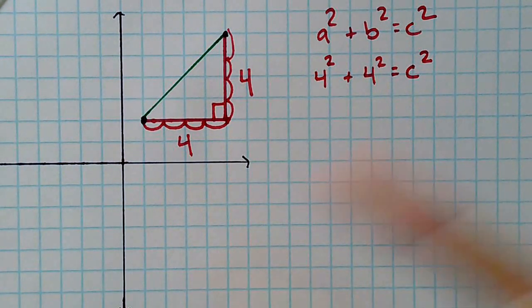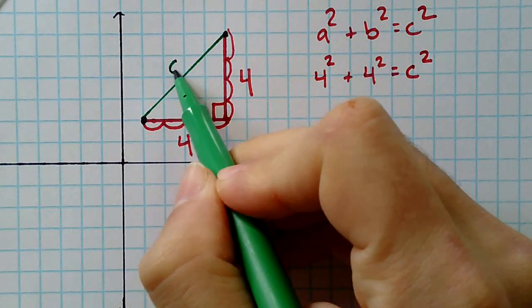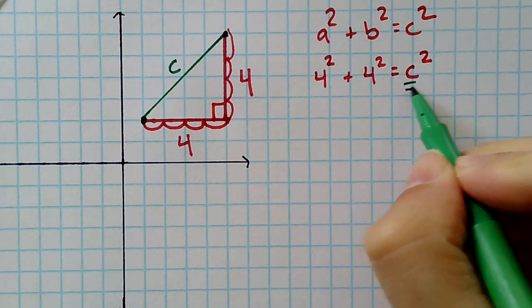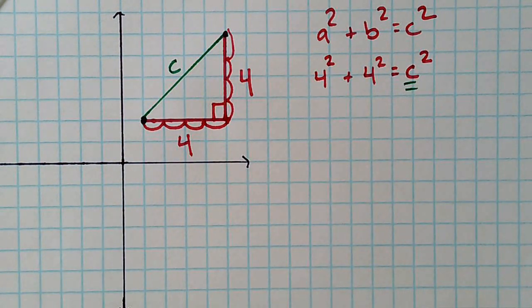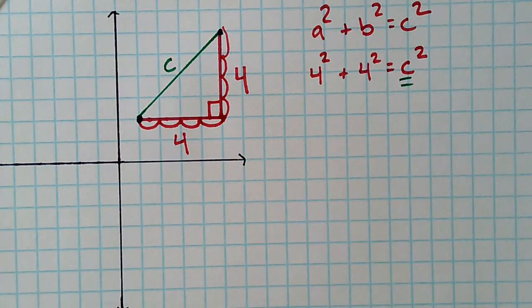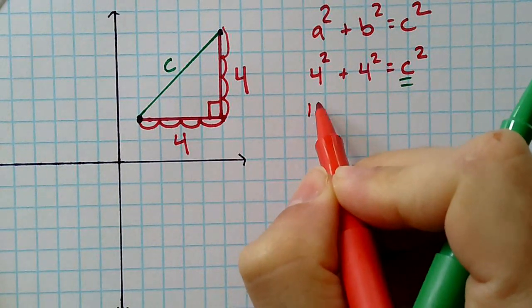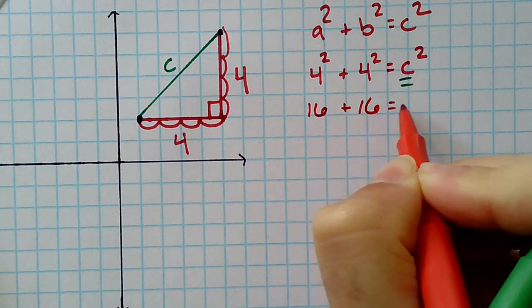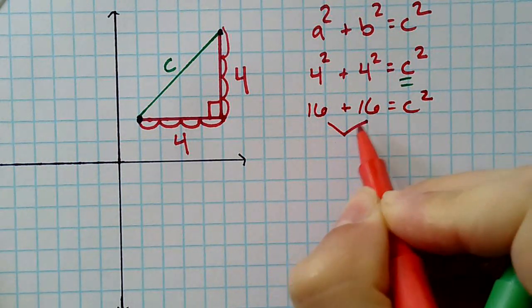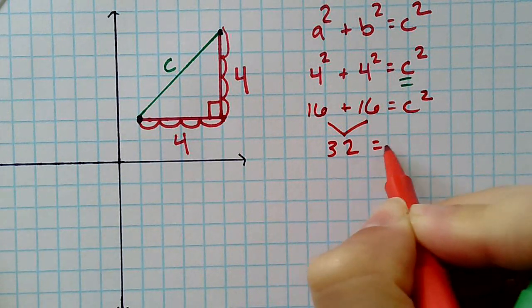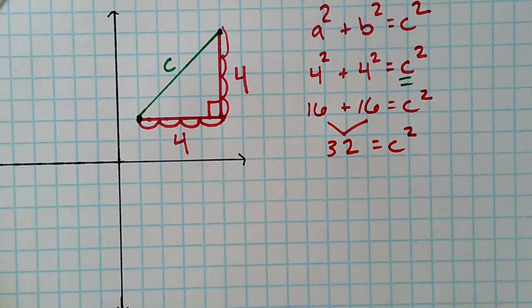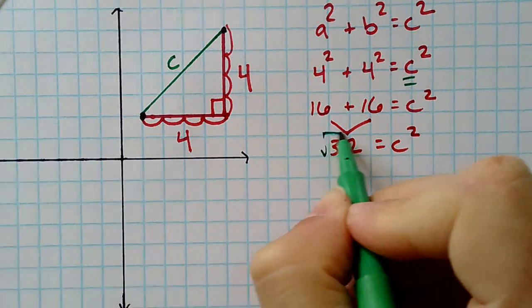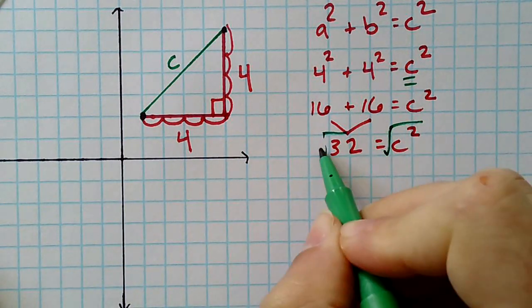The distance between 2 points is our hypotenuse, and that's what we're looking for. 4 squared is 16, and 4 squared is 16. Add these together, 32 equals c squared, and then take the square root.